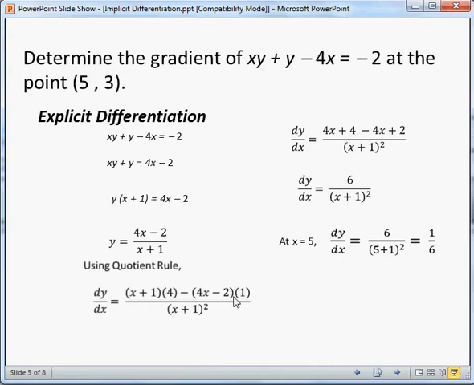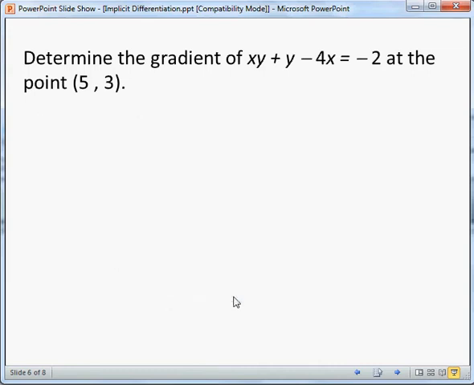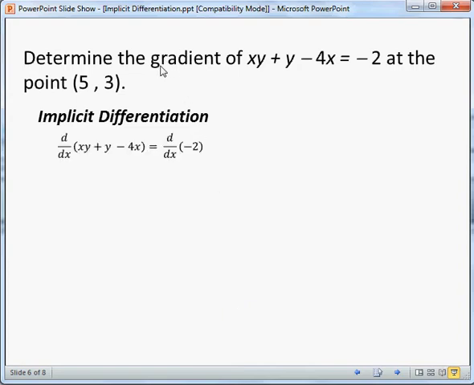So an alternative method, same question, this time we use implicit differentiation. Find dy/dx, that's the gradient. So we take the derivative with respect to x on both sides. Now that left-hand side, we break it down into three different terms. Okay. The derivative of negative 2 is 0.